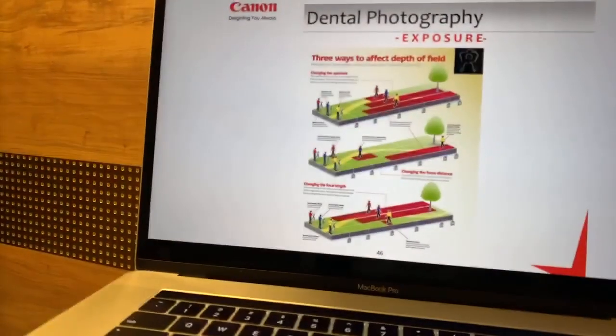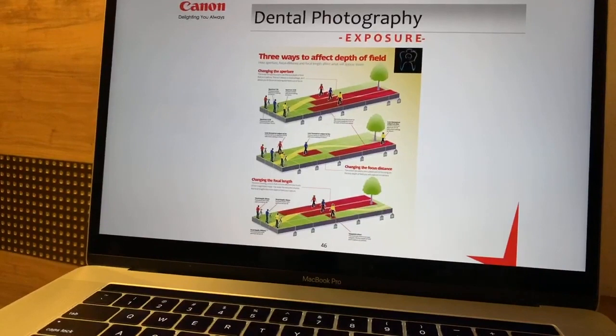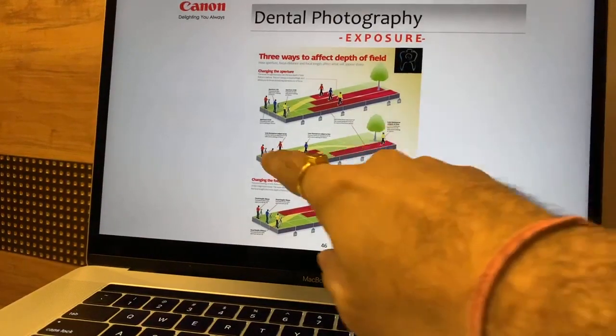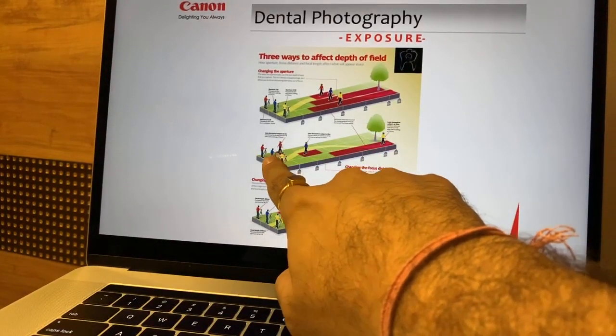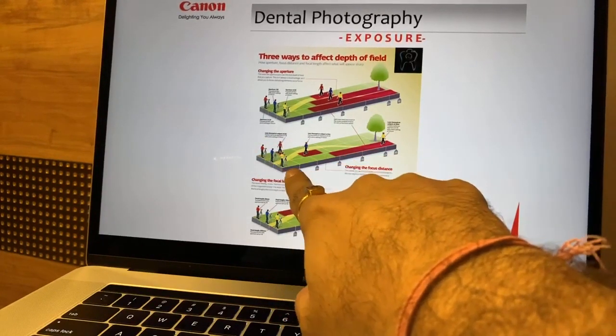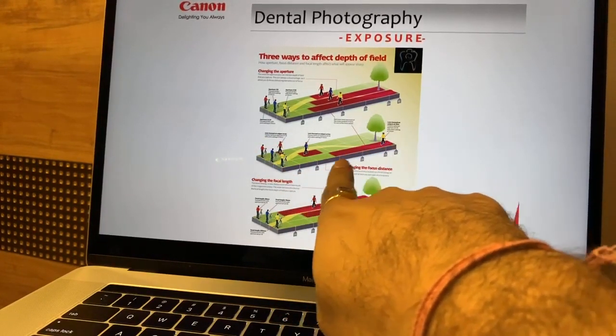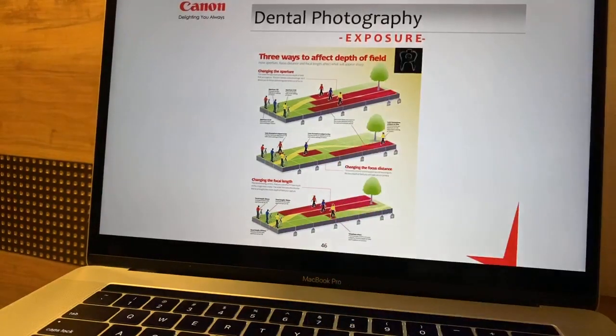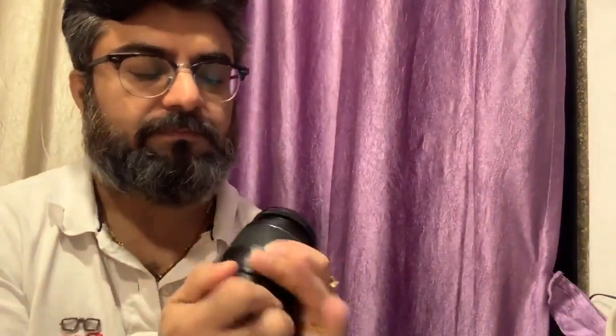Now let us go ahead and see the next situation. If I come very close to the subject, my depth of field becomes shallow, and if I'm far from the subject, my depth of field becomes deep. When you compare these 2 lenses, this is a macro lens and this is a non-macro lens.